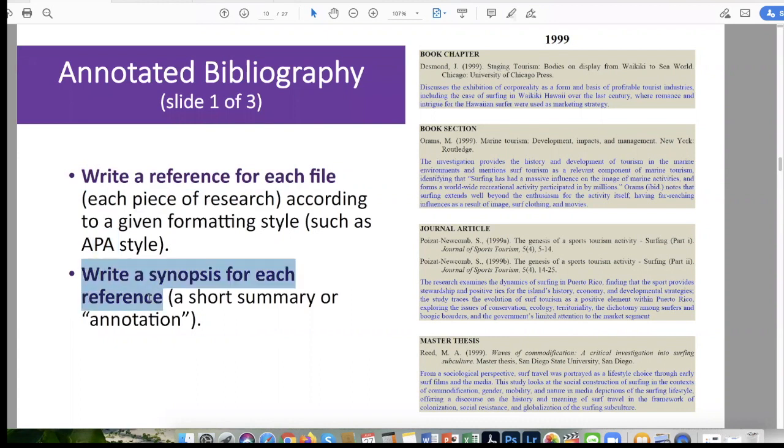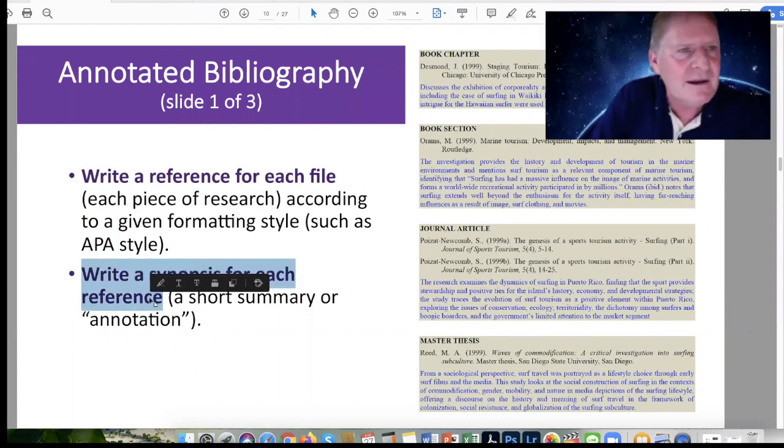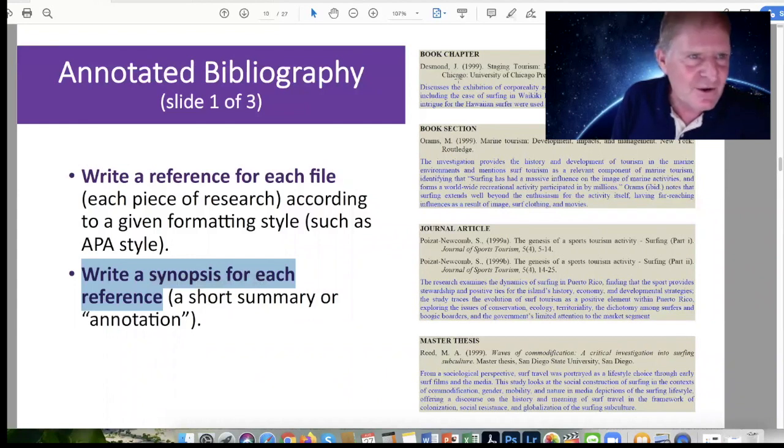And then you write a synopsis of the research, which has different functions or different purposes. One of them is that you don't forget what that paper is. So, once you have 100 pieces of research, maybe, that you're going to analyze, sometimes you forget which is which, and it can be kind of confusing.